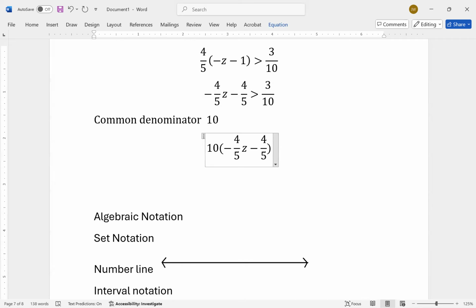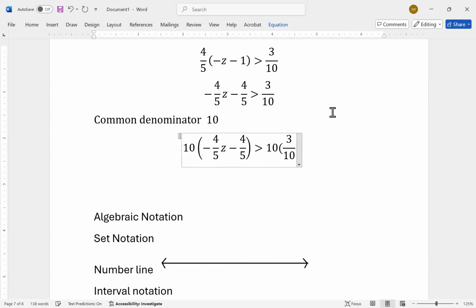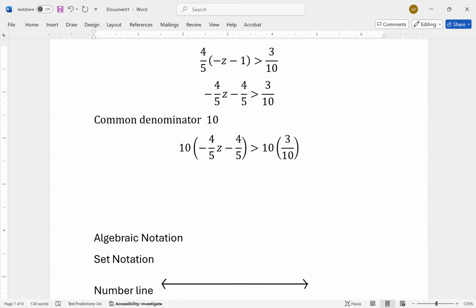And then because I'm multiplying by a positive, I'll keep the sign the same and then multiply 10 times the right-hand side as well. Now 10 times negative 4/5 is a negative 8. So I'm going to end up with negative 8 times z minus 8 is greater than 3. 10 times 3/10 is 3.